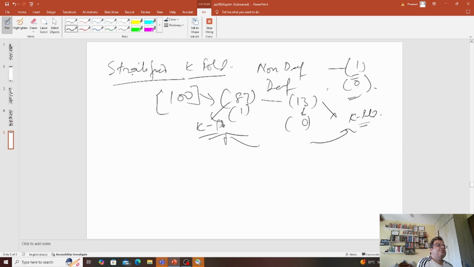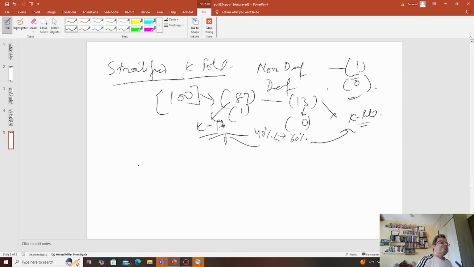So in case of stratified k-fold, you put them into separate buckets, and then you pick and choose based on your weights. Let's suppose you make it 60% likely to pick from this bucket rather than 40% from this bucket, or you can change these weights based on how unbalanced your data set is.